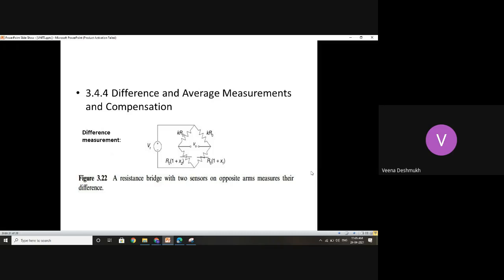Especially, we saw the examples with temperature measurements. The same thing can be applied to even strain measurements or other physical parameters like force or displacement. These measurements also can be done with the help of bridges. And also, the signal conditioning can be done with the help of bridges.